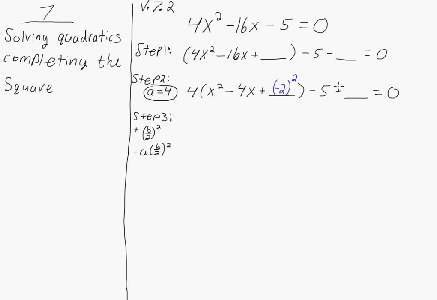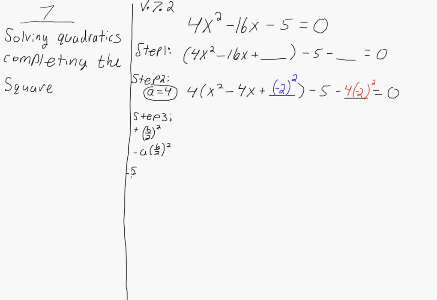So I need to account for that 4 when I subtract it off. I'm going to subtract off 4 times negative 2 squared. Okay, and now I'm going to look at simplifying this a little bit after I complete step 4.